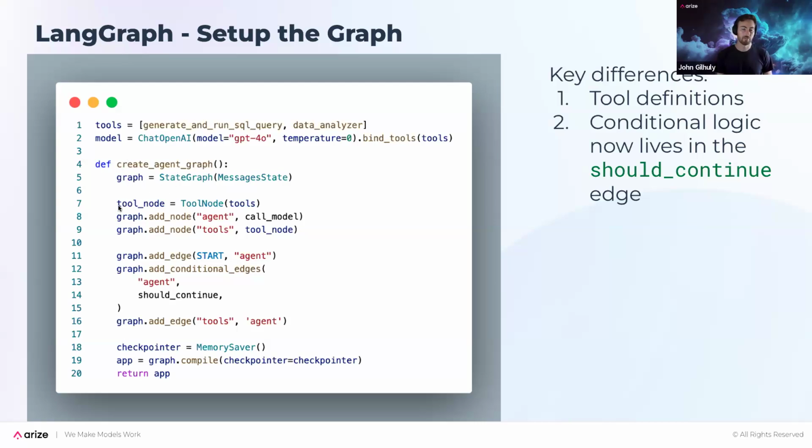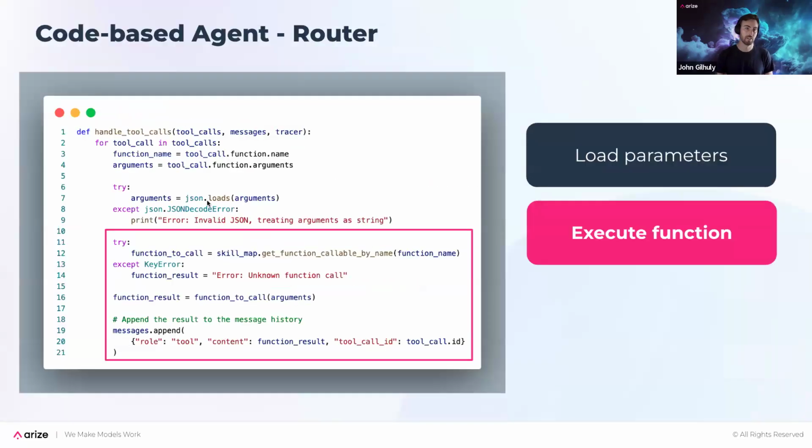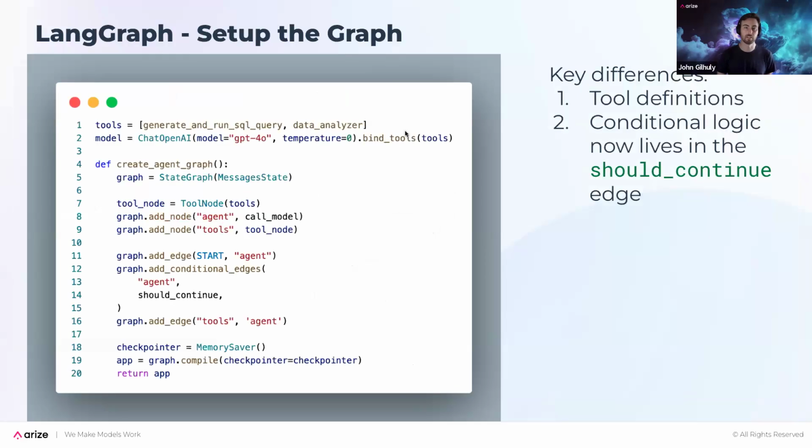And so we're creating the graph. We're using, again, this basic tool node object that LangGraph provides. This is going to abstract away a lot of the work that we had done in the previous step to handle tool calls. So actually that whole handle tool calls method, if I jump back a little bit here, this whole method that we defined here is basically going to be handled for us by that tool node object in LangGraph.